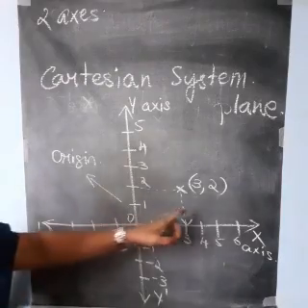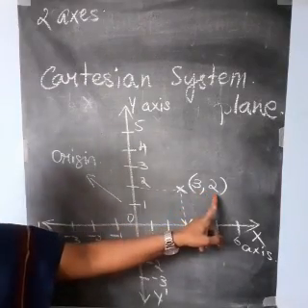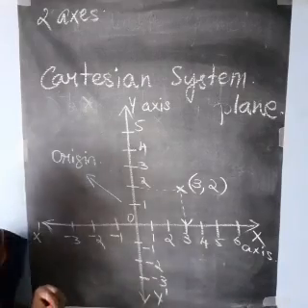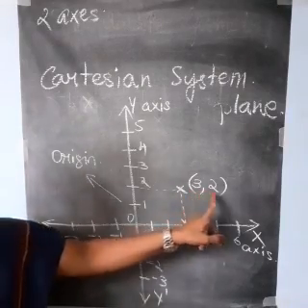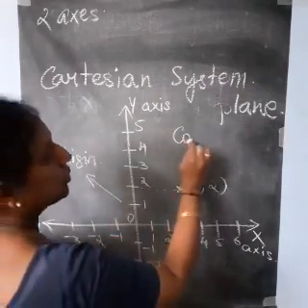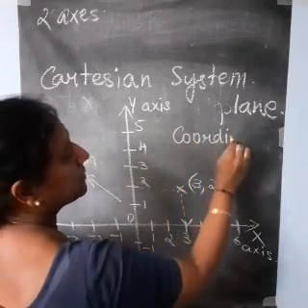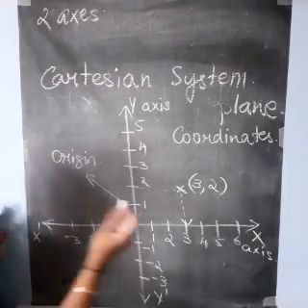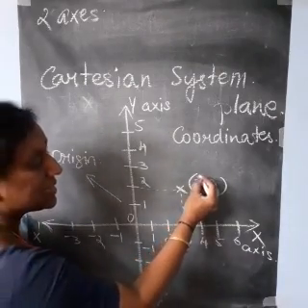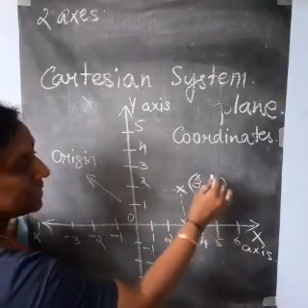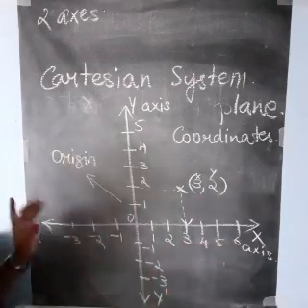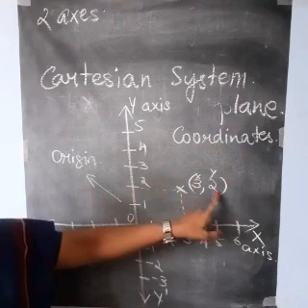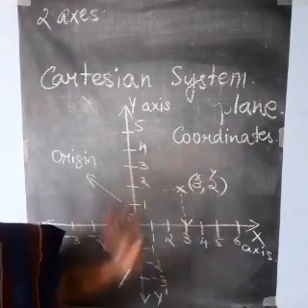So we could give the coordinates of a point and see its location. These two are called the coordinates of a point. The first value is always the x value and the second value is the y value. This is called the x coordinate and this is called the y coordinate.